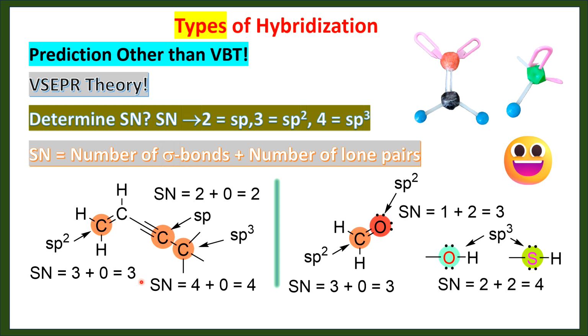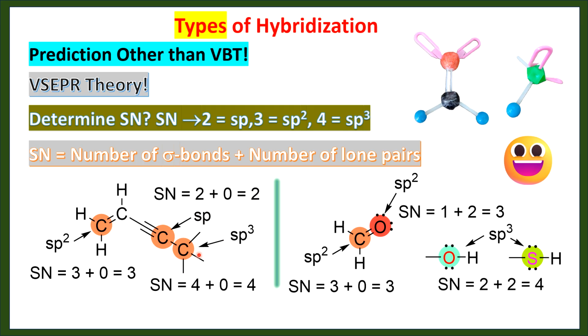So 3 means sp2. In this case, by VSEPR theory we can see it is attached with one single bond on this side and one single bond on this side, so two single bonds and no lone pair means 2 plus 0, 2, so sp.